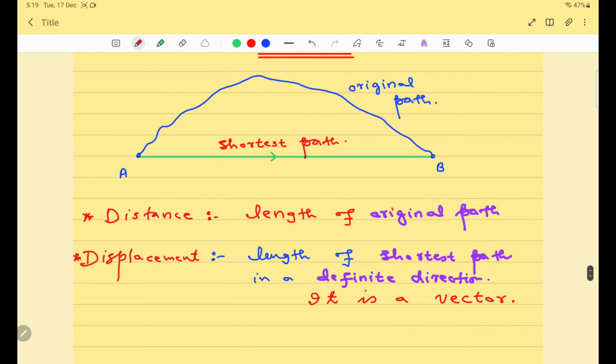But distance has no fixed direction, its direction keeps on changing. Do you know, if a physical quantity has no fixed direction, what is it named? Vector has direction. And if there is no direction, then it is known as a scalar quantity.